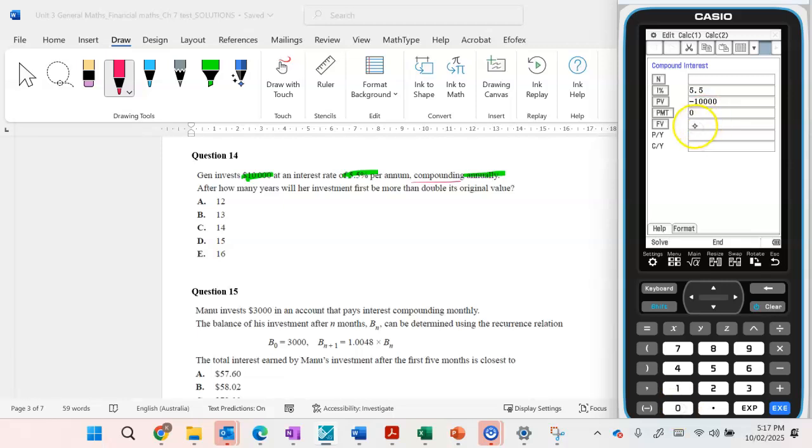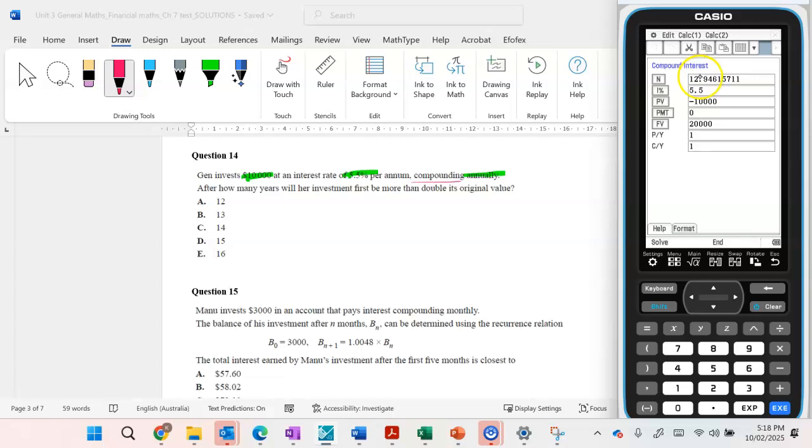And the future value, we want it to double. So double 10,000 is 20,000, and it can be positive because it's effectively going to be money coming back to you. And it's just compounding once a year. All right, so work out N.